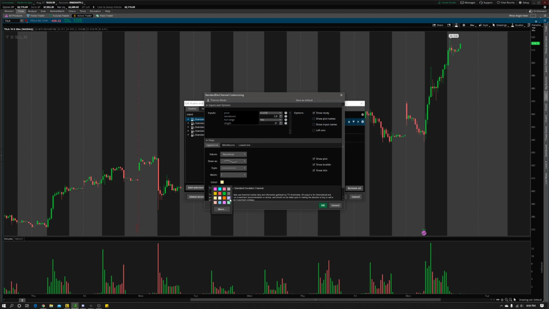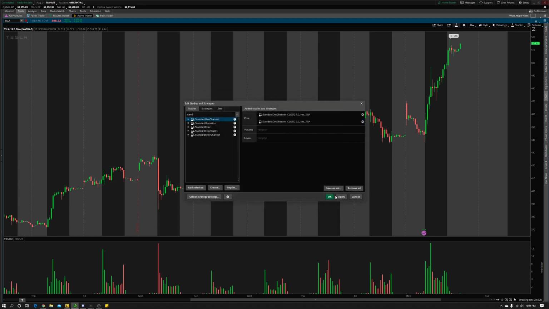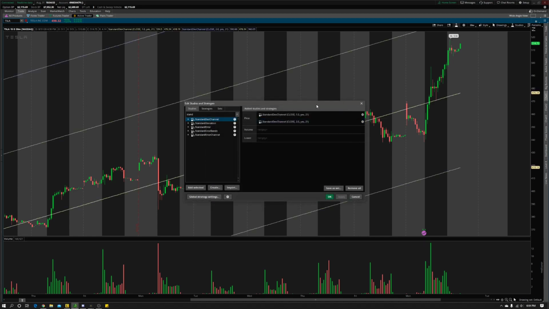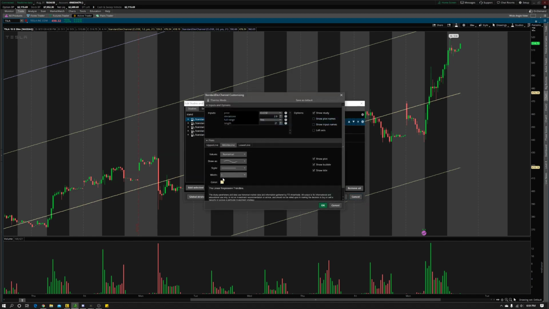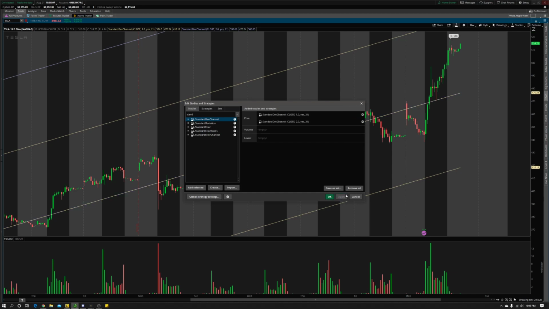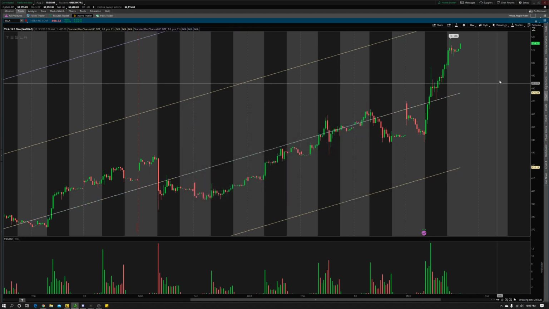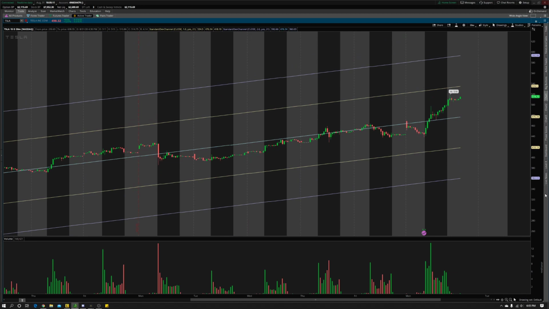I'm gonna choose this purplish color for the upper and for the lower, and I believe that's all we need to do. We're gonna take the middle one on the second, and I believe we're gonna make that, we will go with this blue, and apply. Let's see what that looks like. It's been a minute since I've done these.